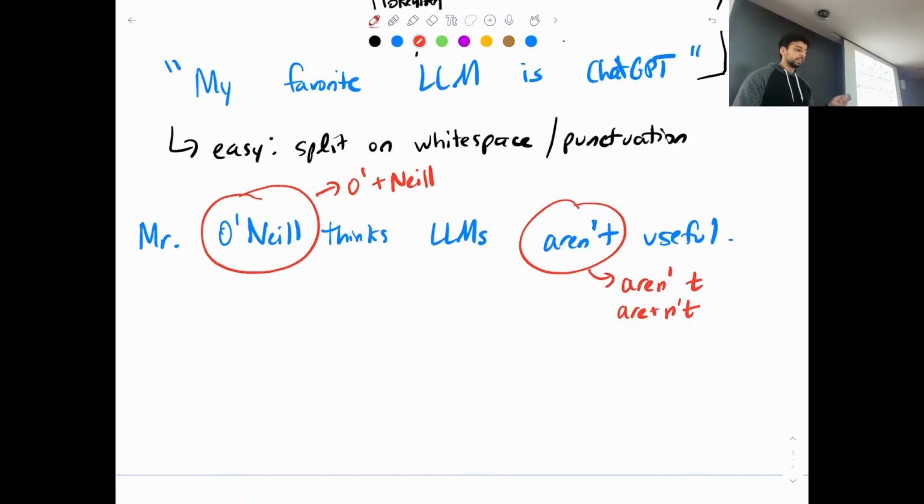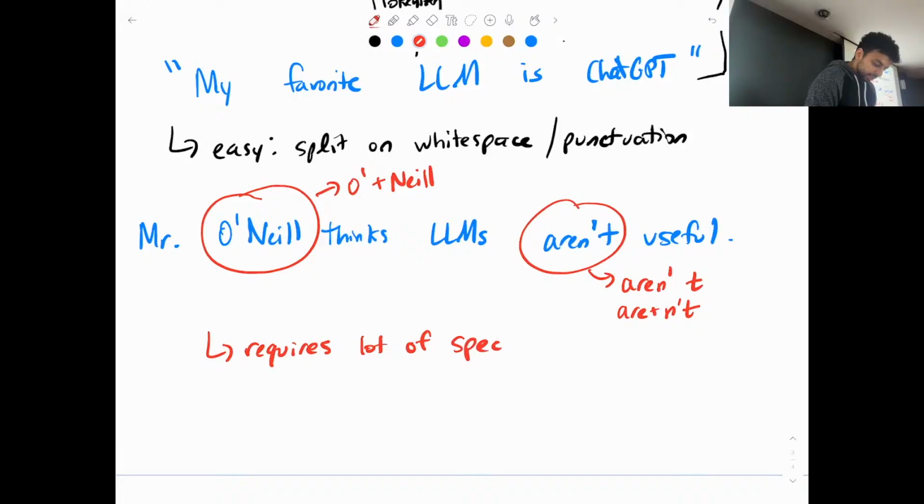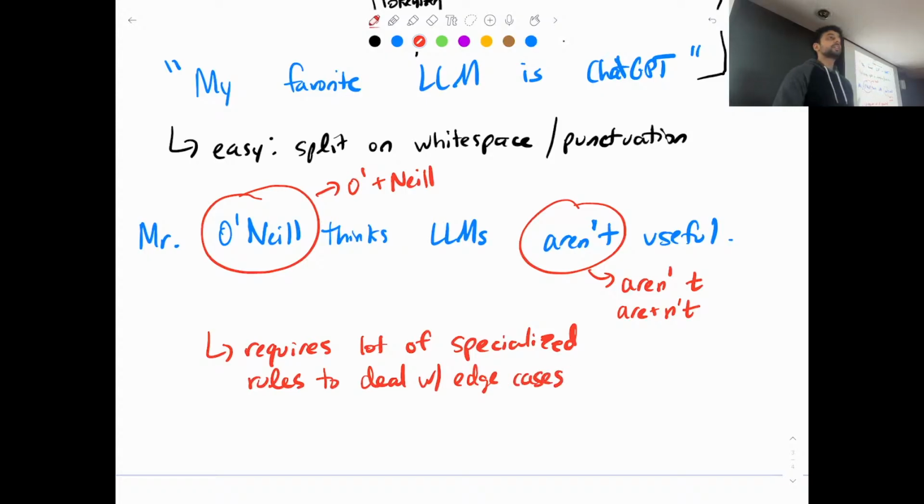So generally, when we're using these kinds of white space tokenizers, we need to write a lot of specialized rules to deal with each of these edge cases. And these kinds of tokenizers can get very, very complicated.